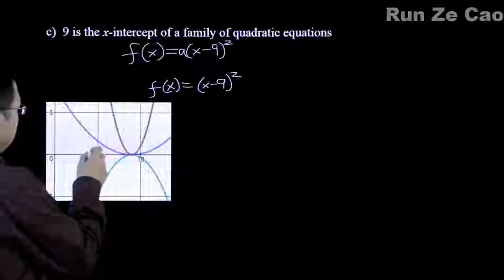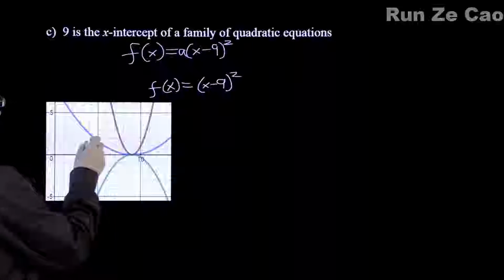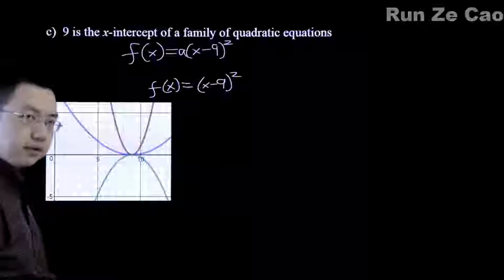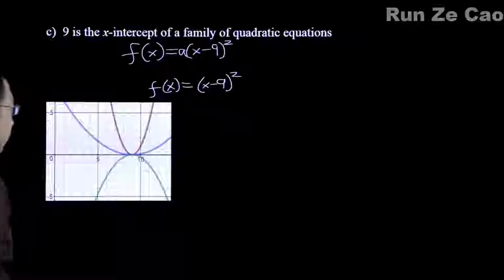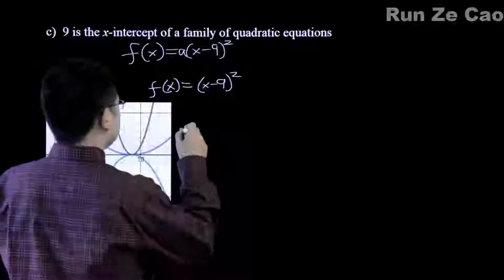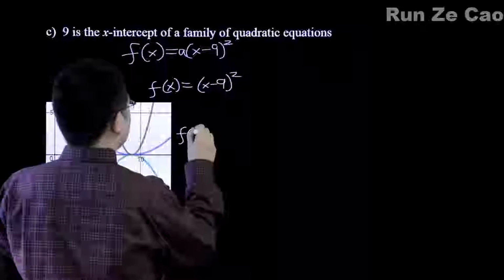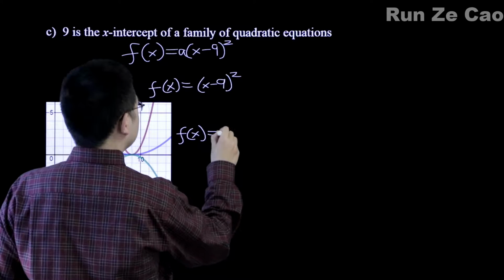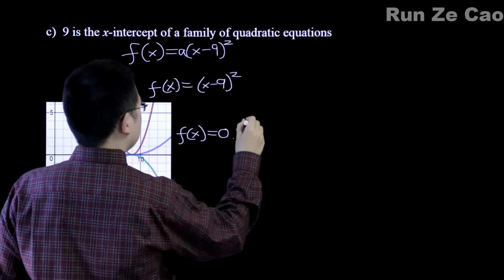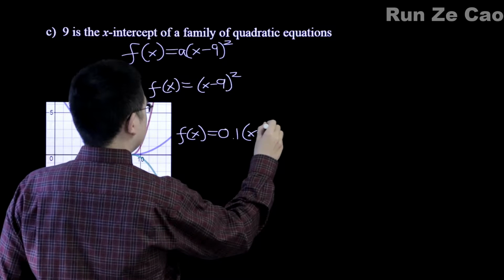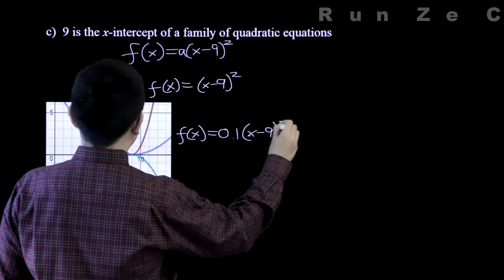And we go 4 grids over and we go a little bit over 1.5 grids up. That means this is most likely f of x equals 0.1 (x - 9) squared.